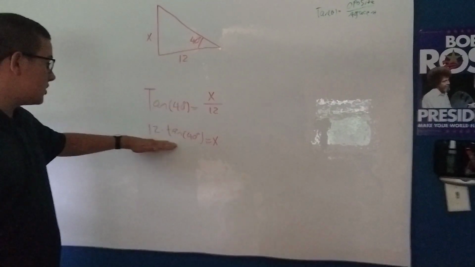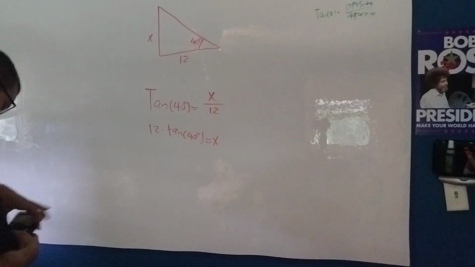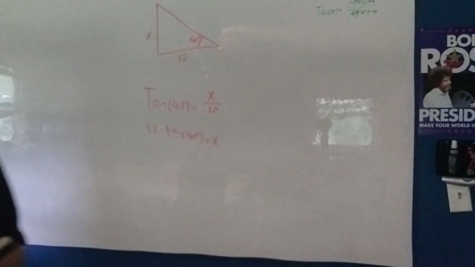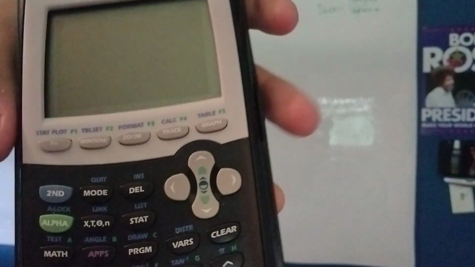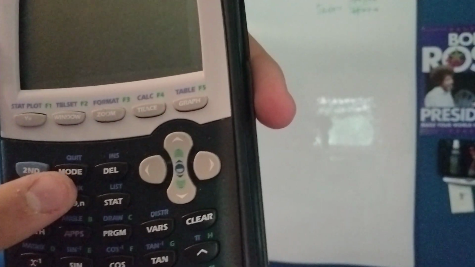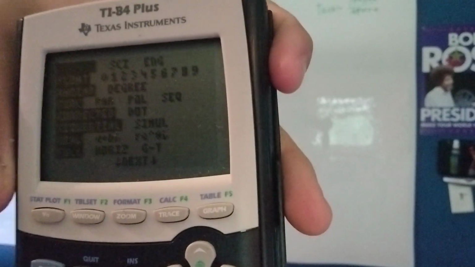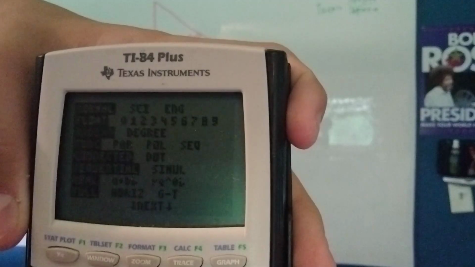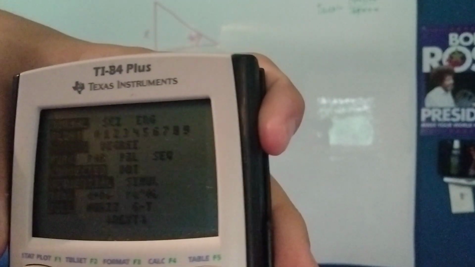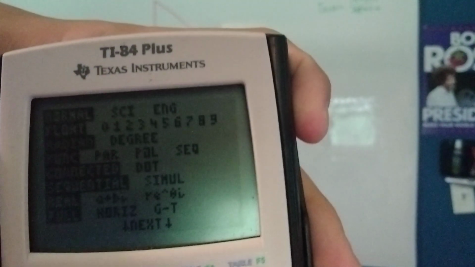And now we can just type this into the calculator. Let me show you how to change that over. You want to press mode right here next to the second button. It'll take you to that screen, and you want to scroll down to where it says radian and degree. Mine's in radian right now because I use it for radian.